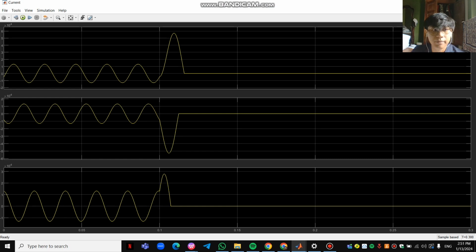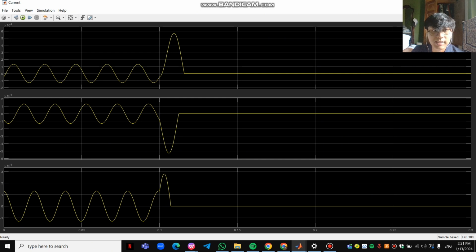For the current here, for the first 0.05 before 0.1, the current will flow normally, and then at 0.1 the step time will actuate the three-phase fault, and the fault current will keep increasing until the relay stops it and the current stays at zero.